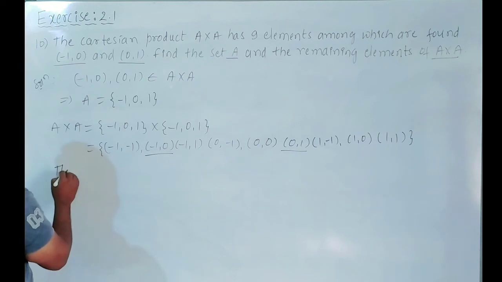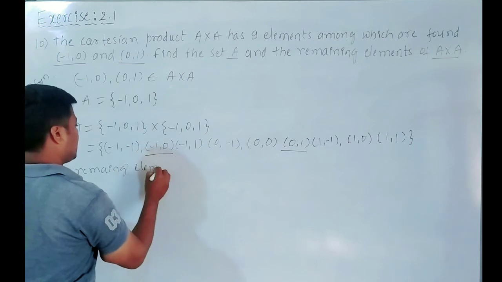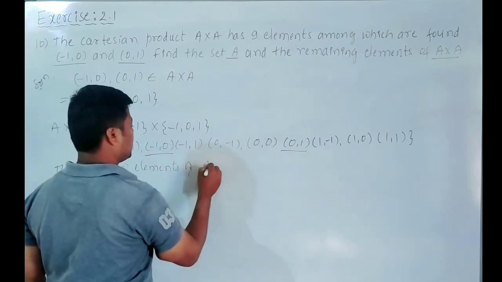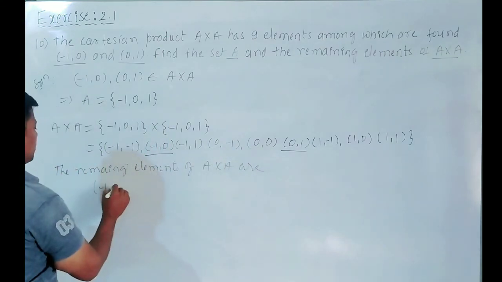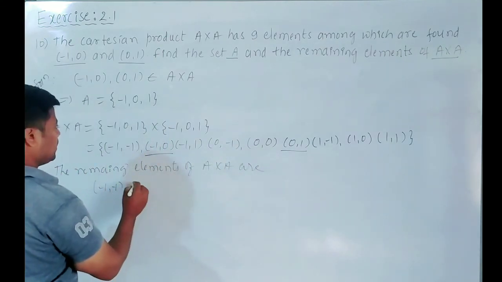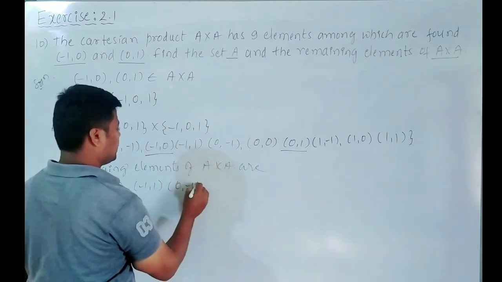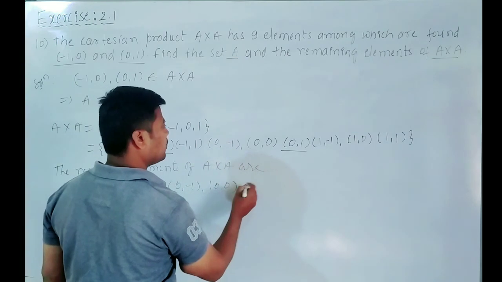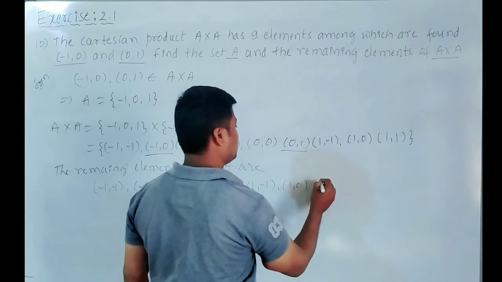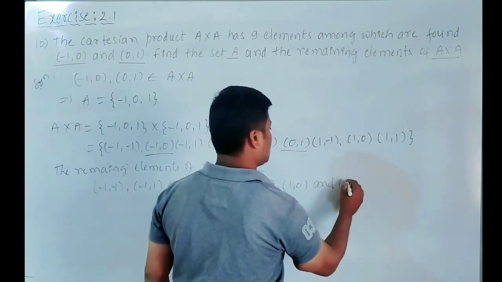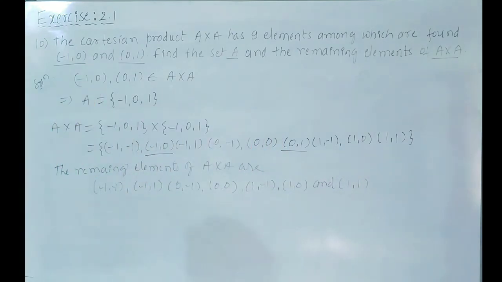The remaining elements of A cross A are (-1, -1), (-1, 1), (0, -1), (0, 0), (1, -1), (1, 0) and (1, 1). So these are the remaining elements of A cross A. Clear? Now done.